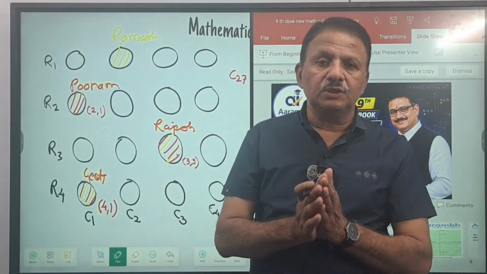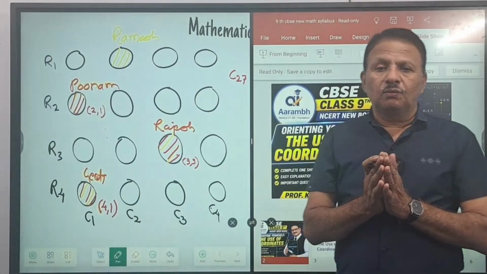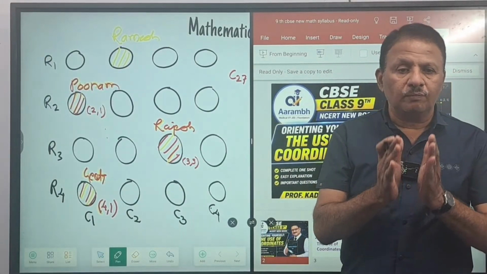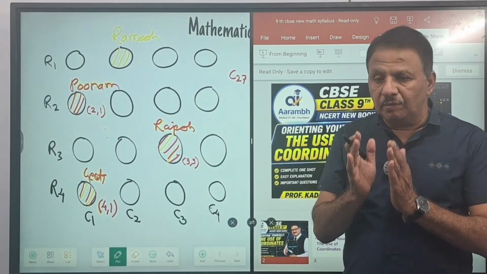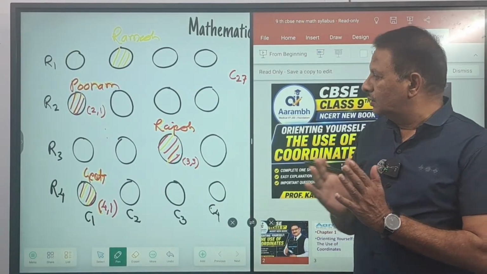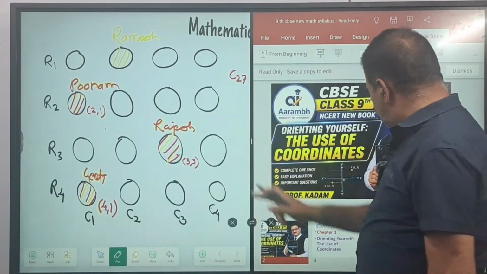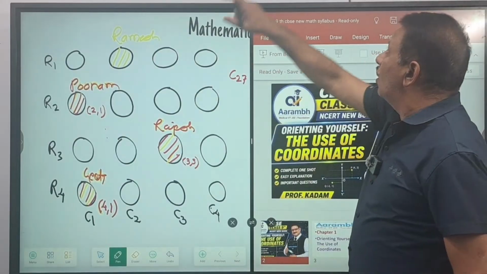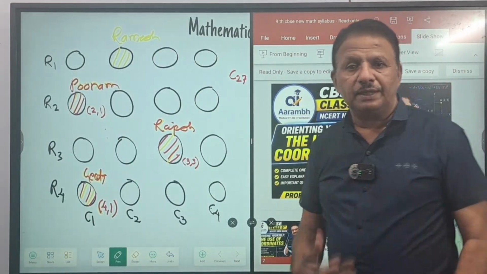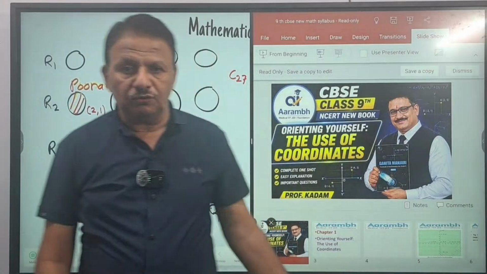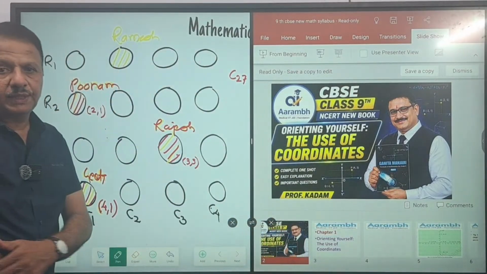So two-dimensional geometry is useful for finding the location of an object in the given plane. Suppose I want to find the position of this board on this wall. We can find it by using this coordinate geometry.